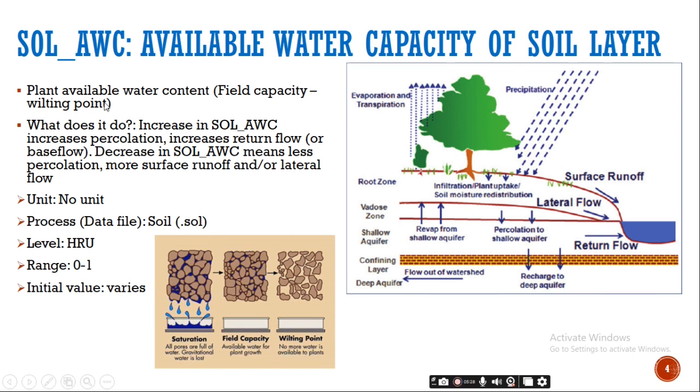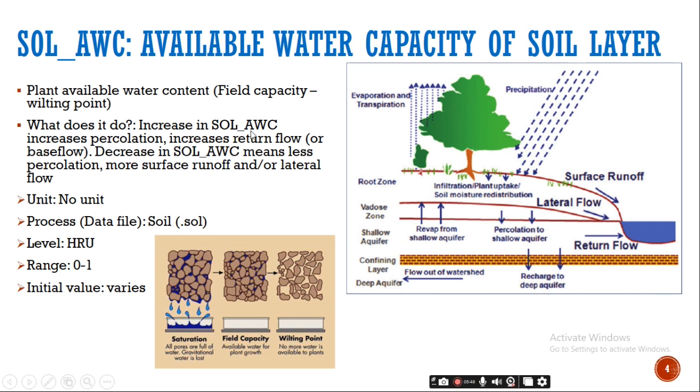The difference between these is soil AWC. And what does it do? If we increase soil AWC, it will increase percolation and increase the return flow or base flow. A decrease in soil AWC means less percolation, more surface runoff and or lateral flow.